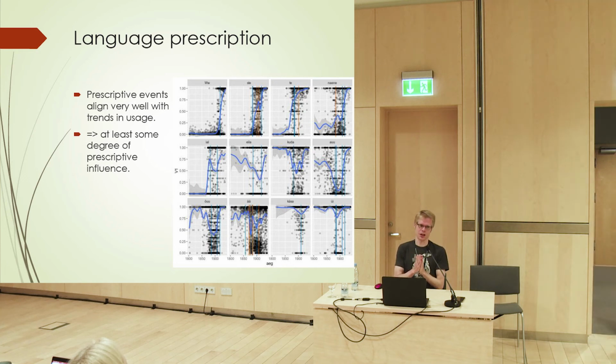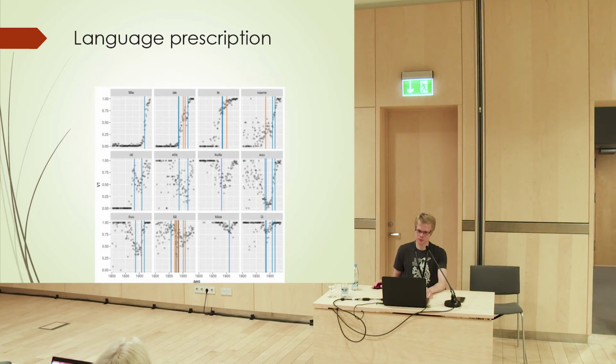So it really had a lot of influence in how people wrote, and this would mean that people were following this advice quite intensively at the time. Yeah, okay, this looks a little bit more accessible. So you have the blue option here, and then it starts to go straight up. So initially it was a really uncommon form, but then because of this prescriptive advice, they got up there.